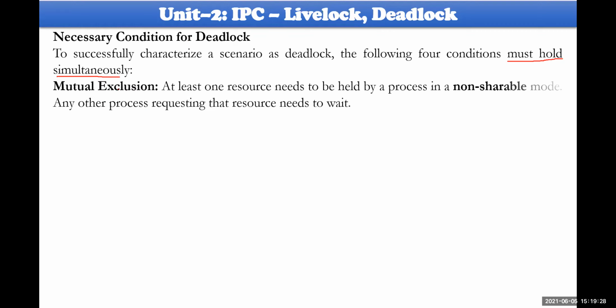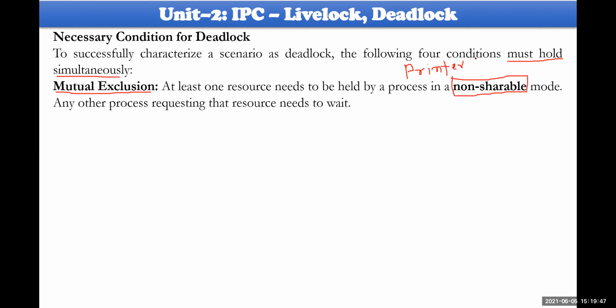What are those? Number one, mutual exclusion. Mutual exclusion is caused when at least one non-shareable resource is there, such as a printer. If you take a printer, it is in non-shareable mode.